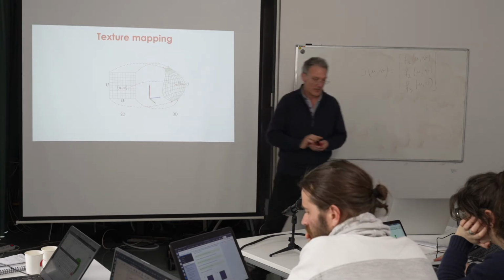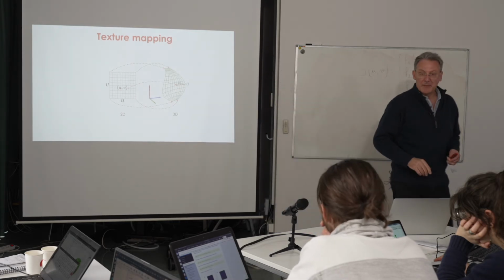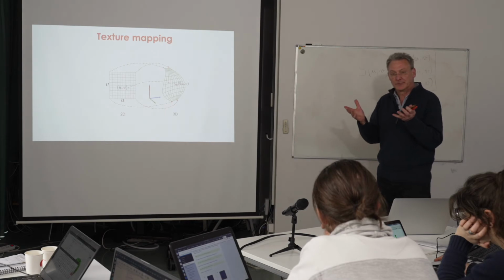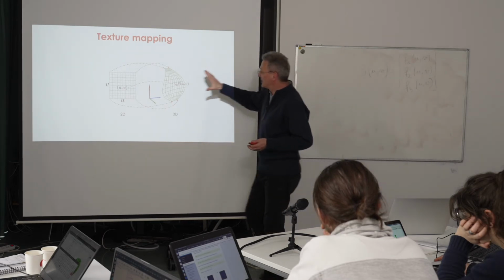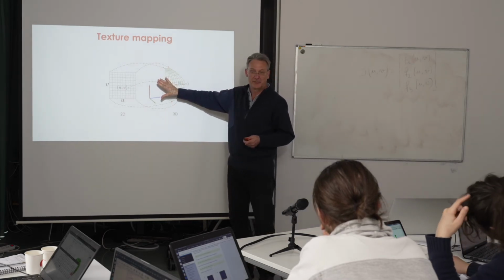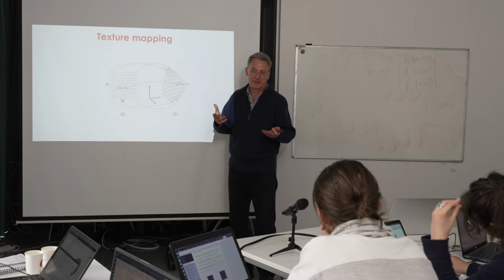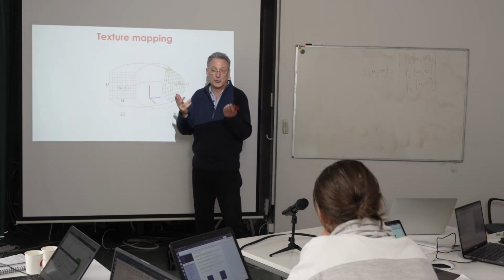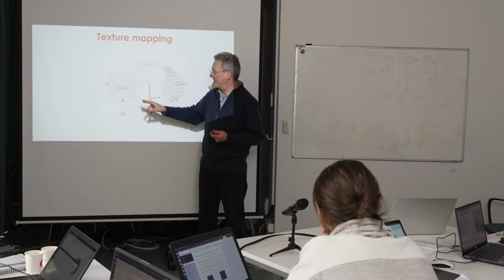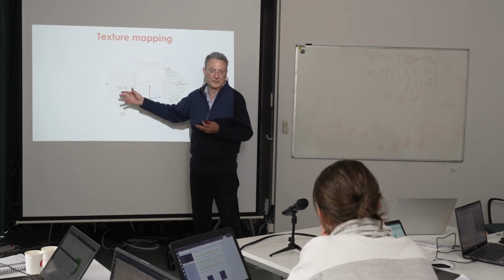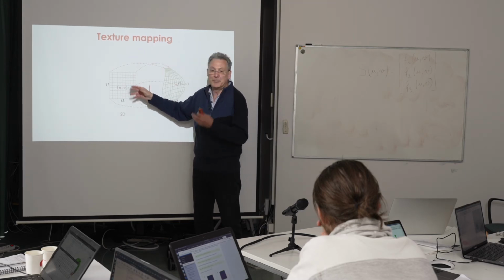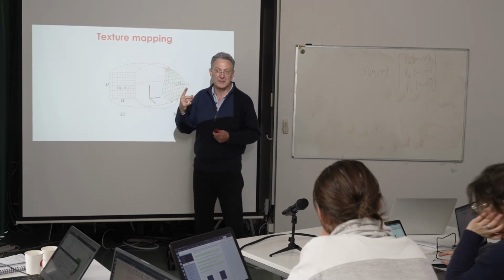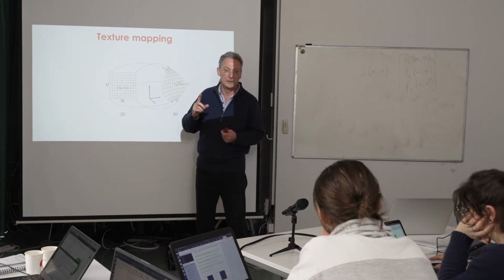Okay? Now, it may be that I have a picture and I would like to map my picture on this surface. A picture is a square, basically. And as you see here, I have basically a square in 2D. And here I have something that is almost a square also. It can be a bit different than a square, but the important fact is that it is in 2D.